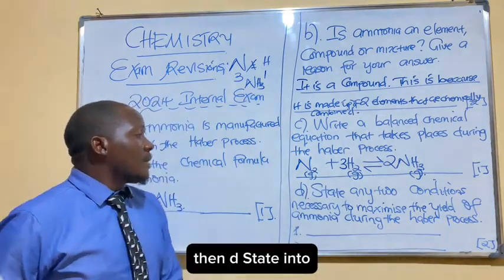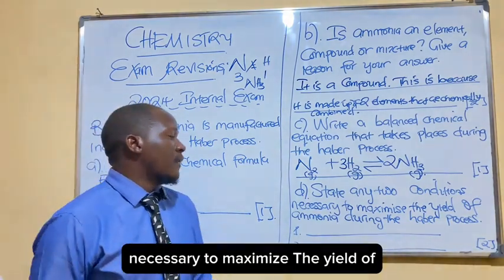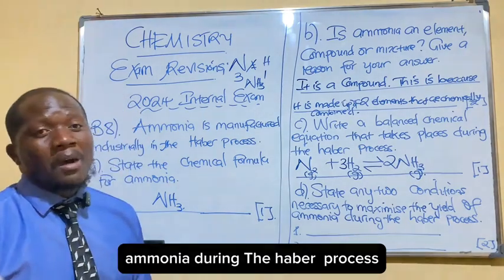Then D, state conditions necessary to maximize the yield of ammonia during the Haber process.